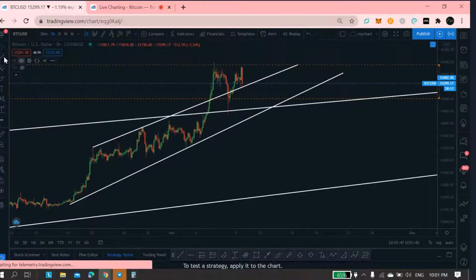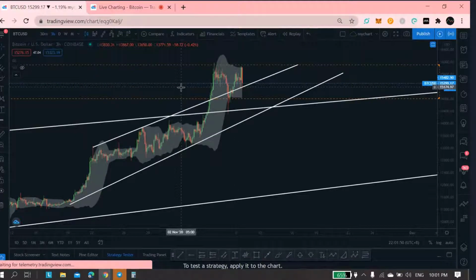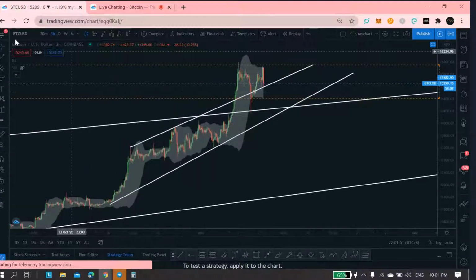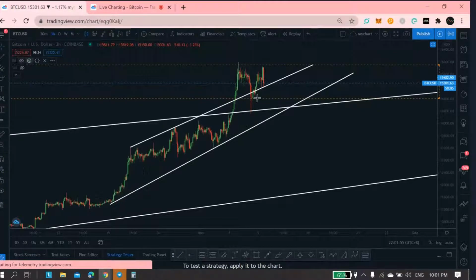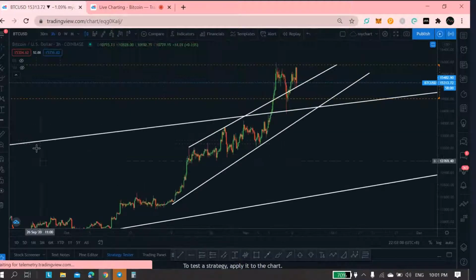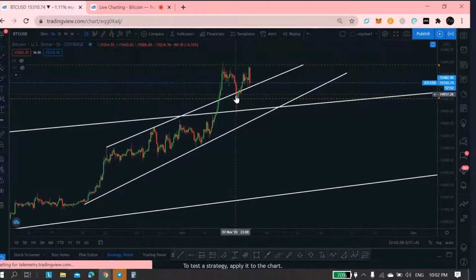Okay. So let's just put the Bollinger Band. Even if there's no Bollinger Band, you can see that from the global dump, it's an uptrend and also now creating an uptrend. However, this is around Sunday, if I'm not mistaken, because I also entered here.